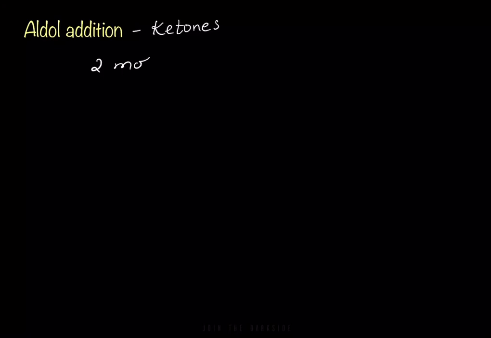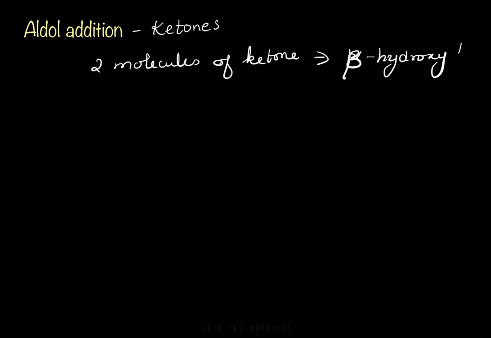Now if you want to do the aldol addition for ketones, it's going to follow exactly the same thing. Again, with 2 molecules of ketones, it's going to form beta hydroxy ketone. When you compare the reactivity of the aldehydes and ketones, we know that the ketones are less susceptible to nucleophilic addition reaction.